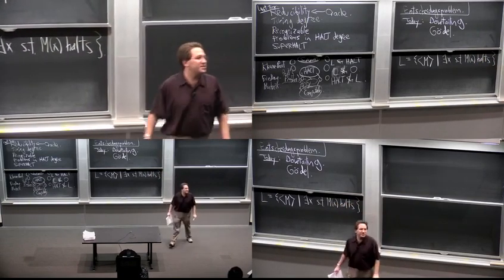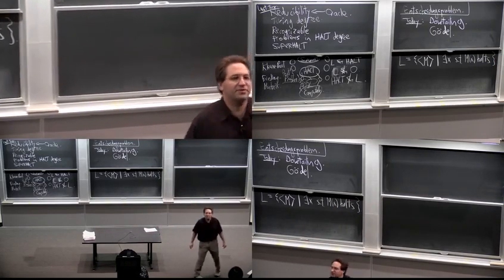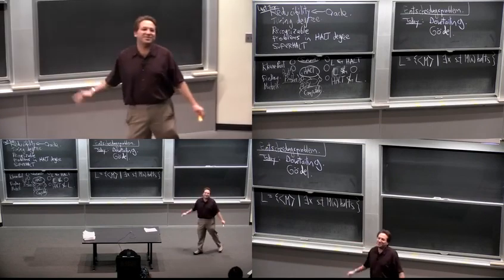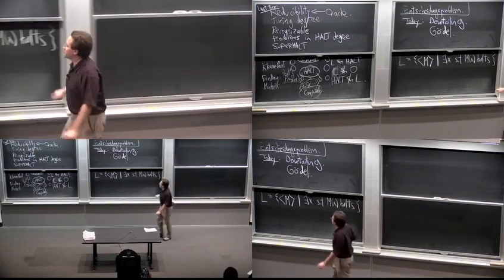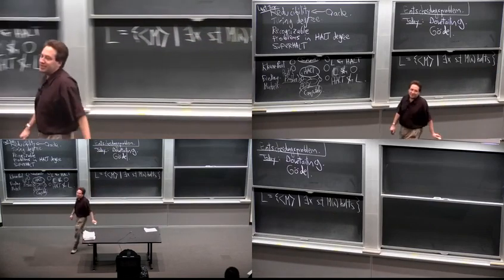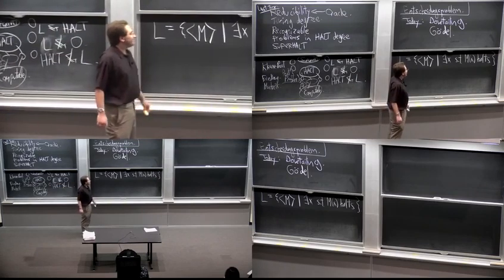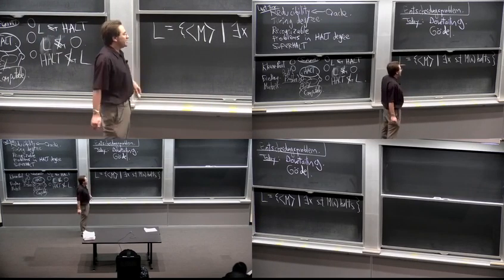Let's consider the language L that consists of all descriptions of Turing machines for which there is an input that causes them to halt. So all the Turing machines that halt on some input. Now we would like to understand this language.